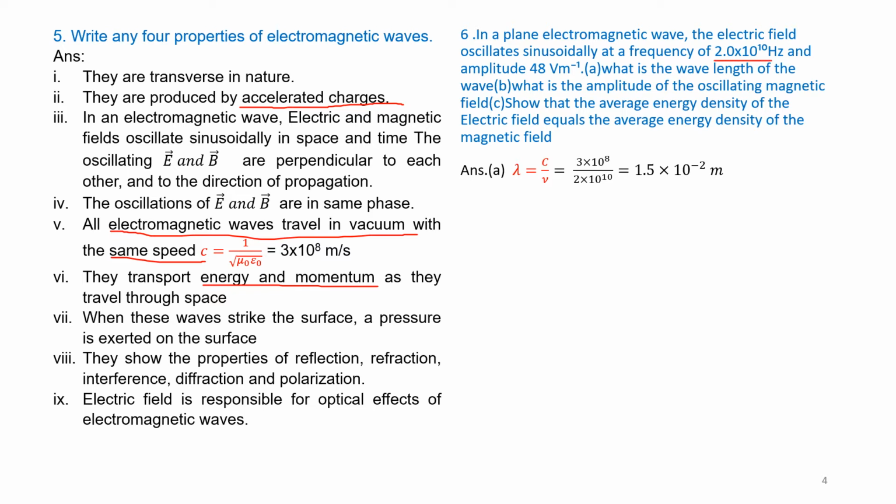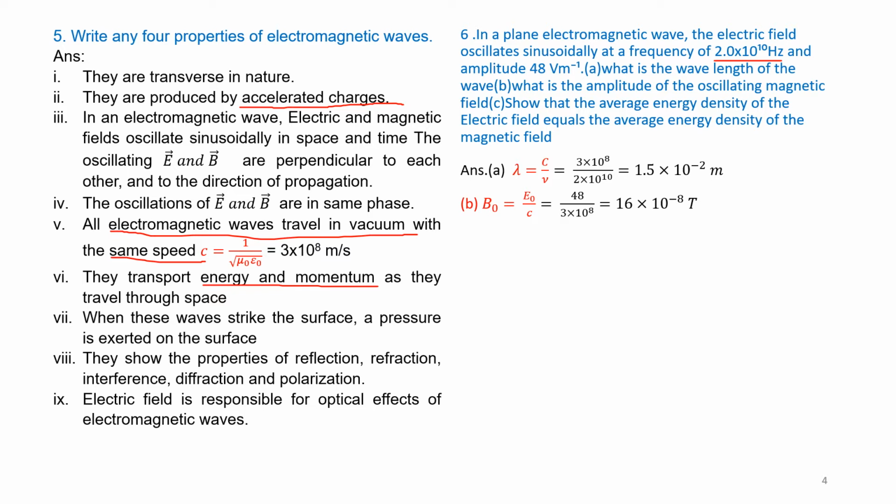Therefore, simplifying, we get 1.5 into 10 to the power of minus 2 meters. Part B. What is the amplitude of the oscillating magnetic field? Magnetic field amplitude is B naught. Therefore, B naught is equal to E naught by C.